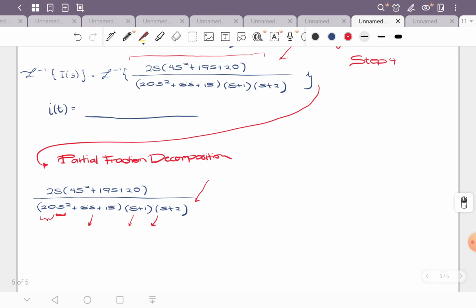In our case, we have 20 as the numerical coefficient of s squared. So let us make that 1 by factoring out 20. We are left with s squared plus 6 over 20 s plus 15 over 20, times s plus 1, s plus 2, and then copy the numerator.